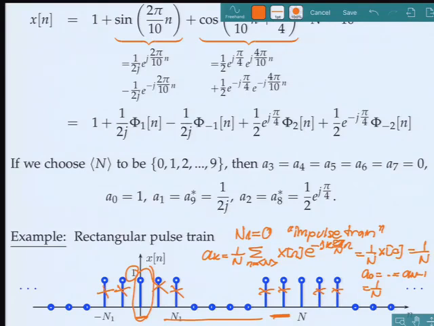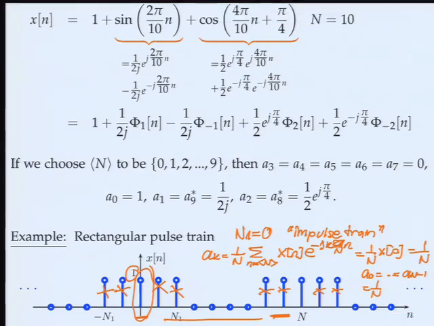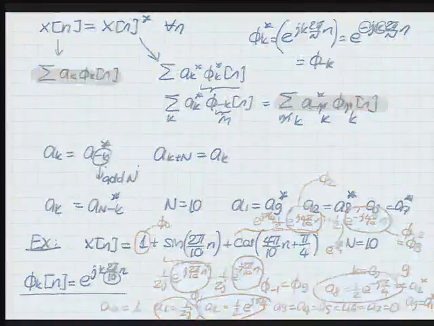I have to do a lot of messy calculations. So let me just do that for N1 equals 1, and then I'll show you the general result. So let's take N1 equals 1. Then the signal looks like this: 1, 1.